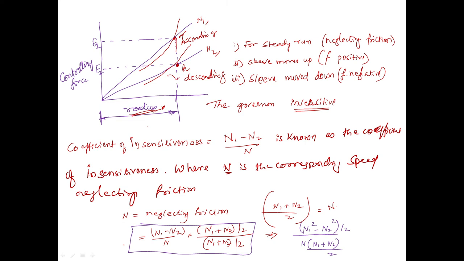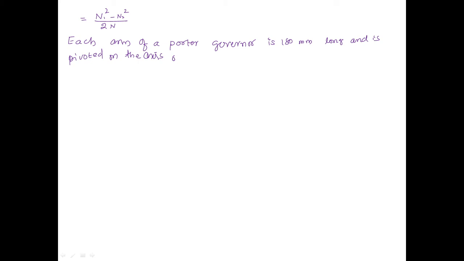Okay, so now just note down. Each arm of a Porter governor is 180 mm long and is pivoted on the axis of rotation.